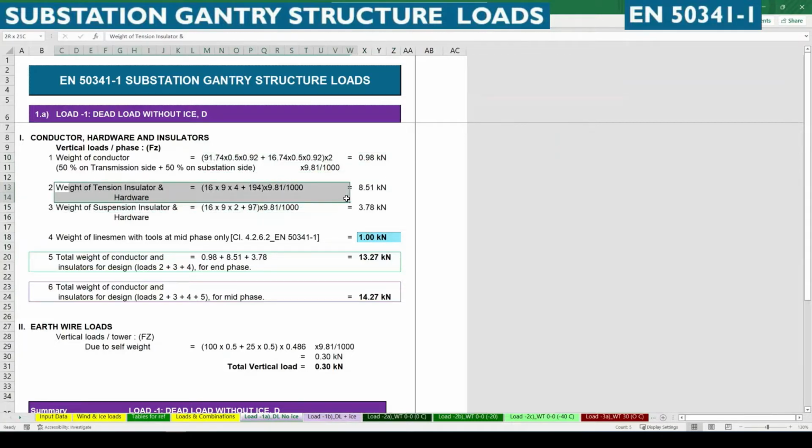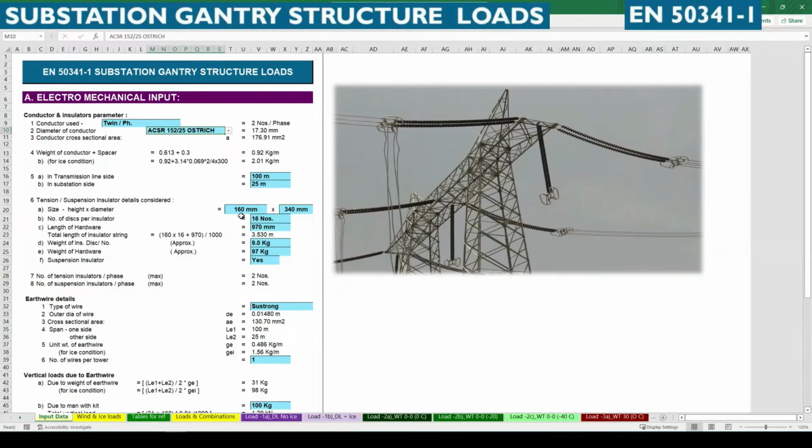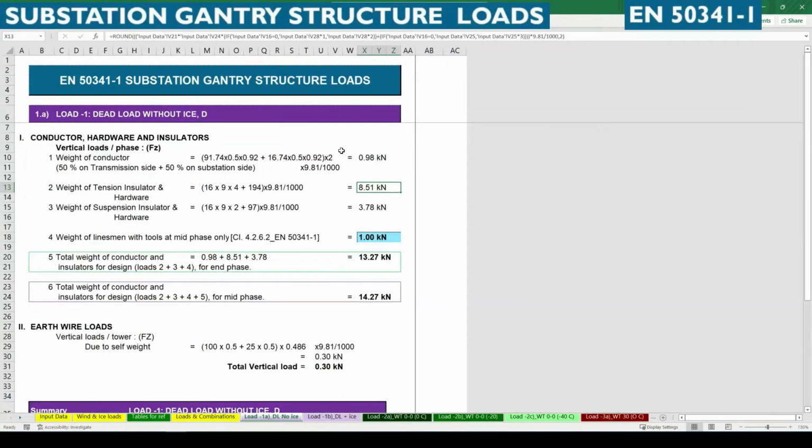Similarly for the weight of the tension insulator, here we need to just add all the data. 97 is the hardware weight and 9 into 16 numbers, so that will give you the weight of a tension insulator.